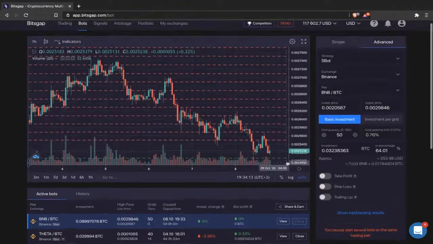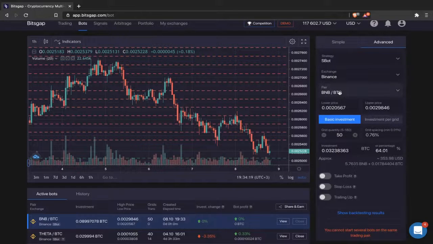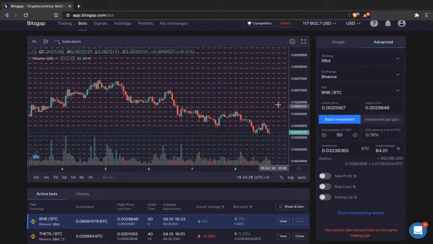So that's it. That's how you launch bots at Bitsgap. Alright, so it only basically requires you to select the cryptocurrency pair you want to trade, define the trading range depending on current market formations, and I will provide you with 5 optimal configurations depending on these market formations, the grid quantity, and the investment. And so that's it.